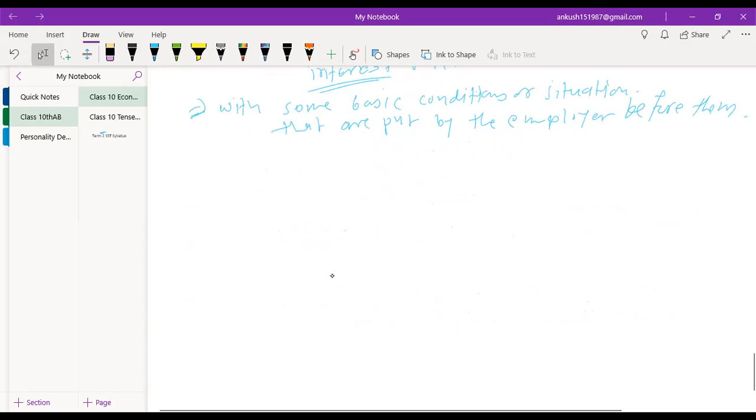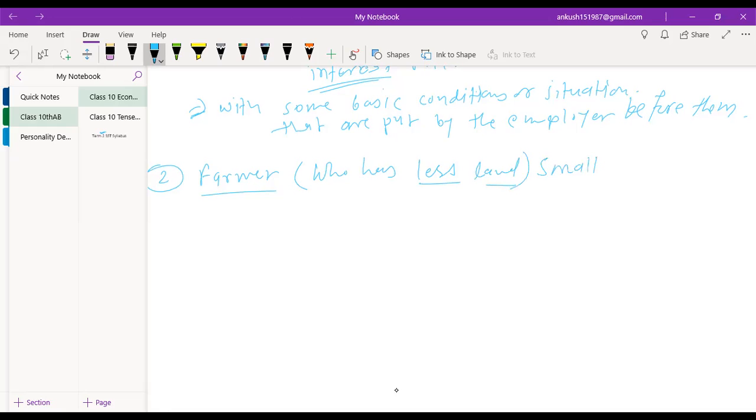Second example, if you take a farmer, but which farmer? The farmer who has less land. Okay, in other words, a small farmer, we can say.